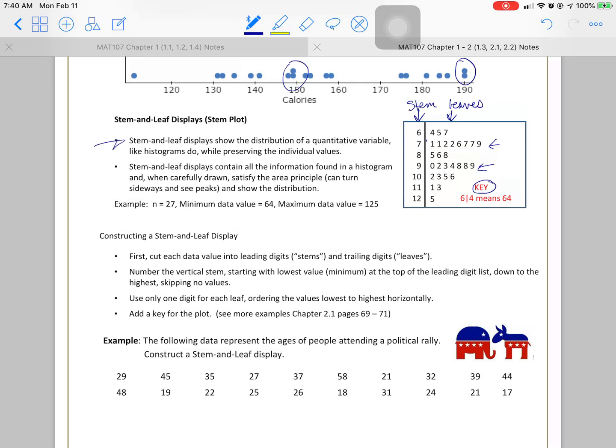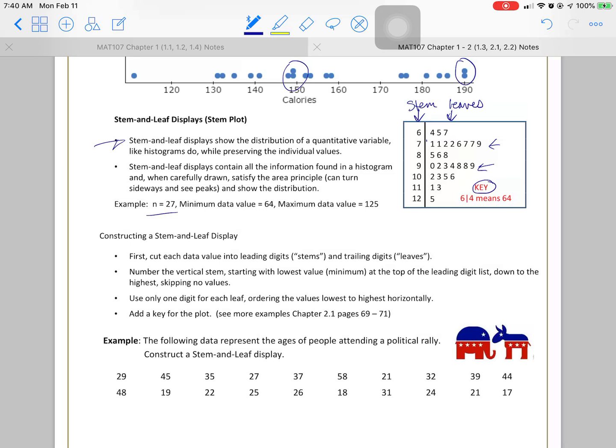So if you can picture the data, one number was 64, and if you line them all up, 64, 65, 67, 71, 71, so there was two 71s, okay, two 72s, 76, 77, 77, 79. So there was quite a few 70-somethings, and there's quite a few 90-somethings, 90, 92, 93, 94. So that's why they look like peaks if you turn it on the side. So you could still say they're a little bimodal.